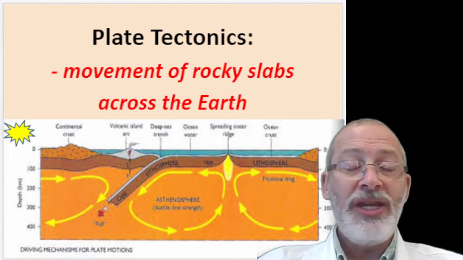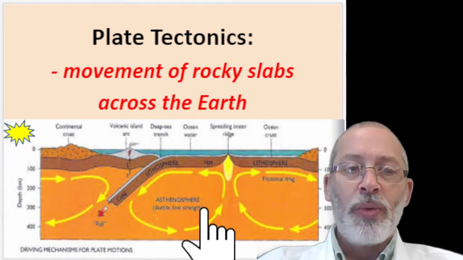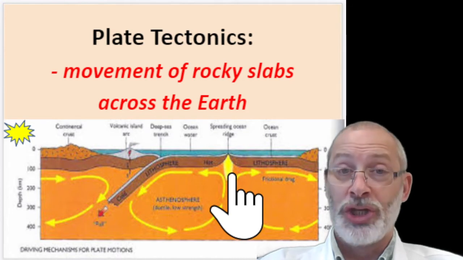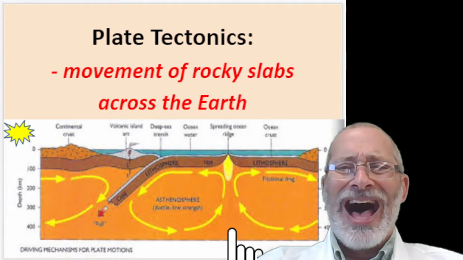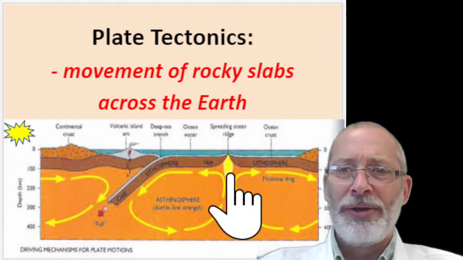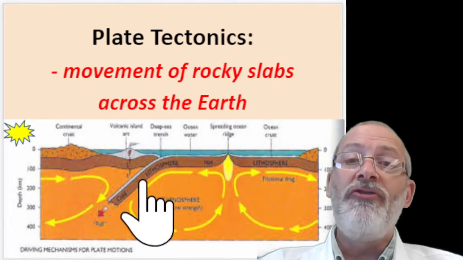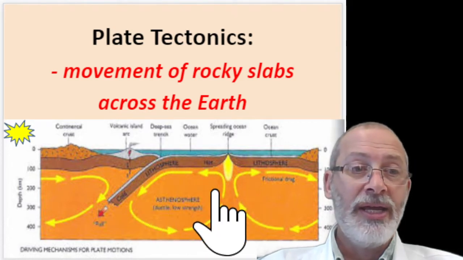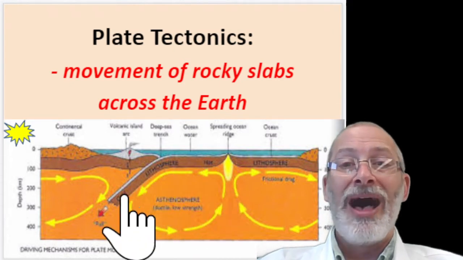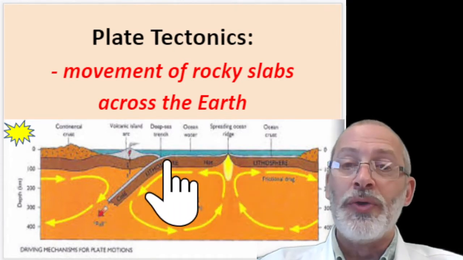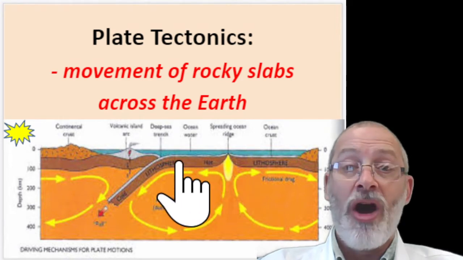And again, the videos show this so much better, but we have what are called convection currents under the crust of the earth, where we've got hot molten material bubbling up, and as a result, there is a movement of material in a layer called the asthenosphere, on top of which the lithosphere, or the hard rocky slabs of the earth, are floating.